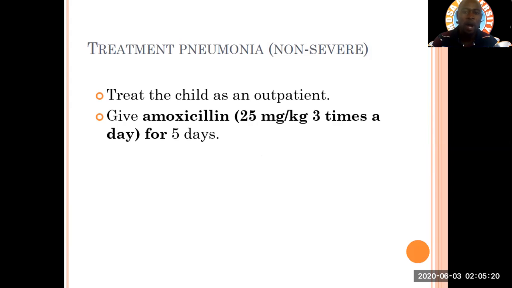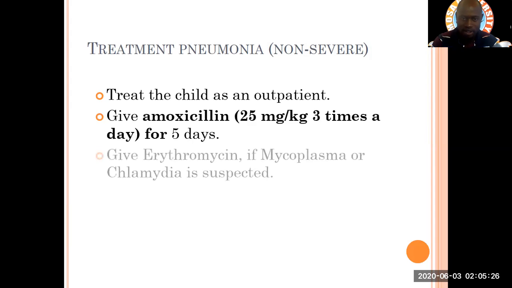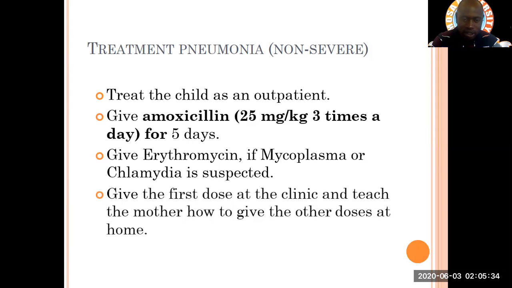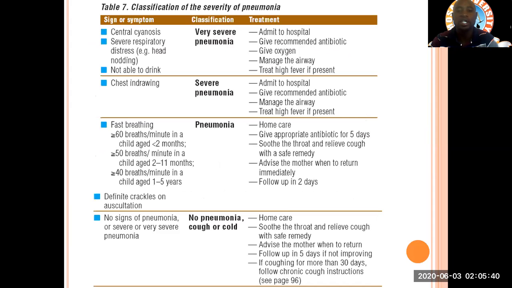So we'll give them amoxicillin 25 milligrams per kg TDS for 5 days. We also give erythromycin if mycoplasma or chlamydia is suspected. You give the first dose at the clinic and teach the mother how to give the other doses at home.